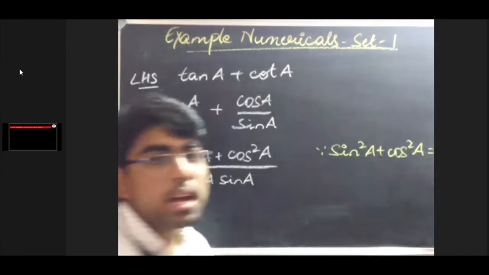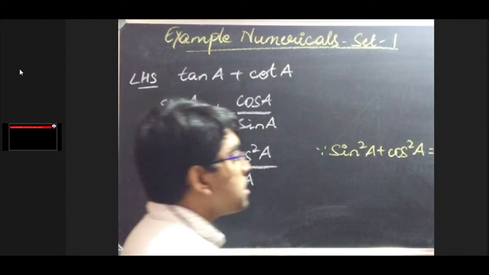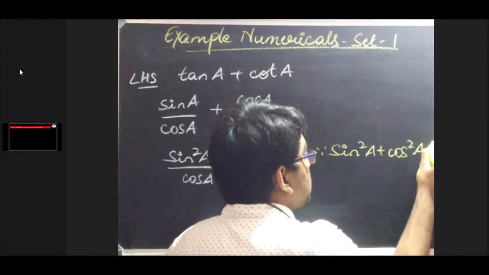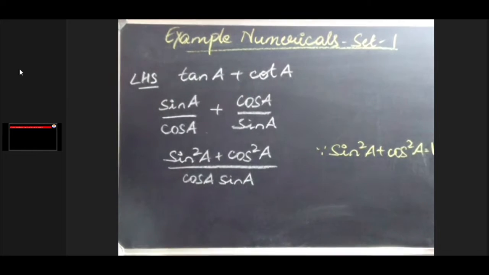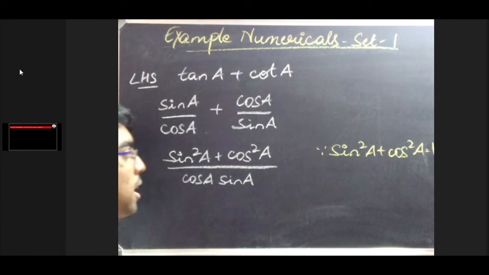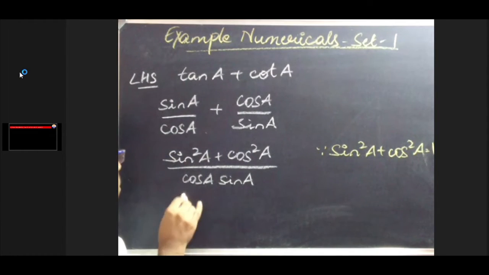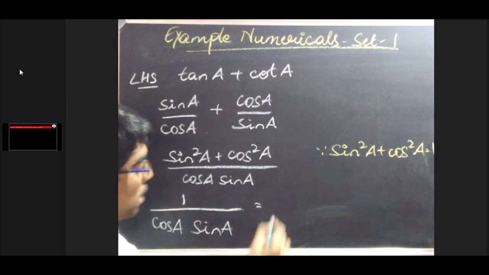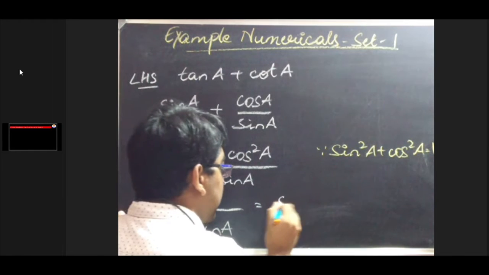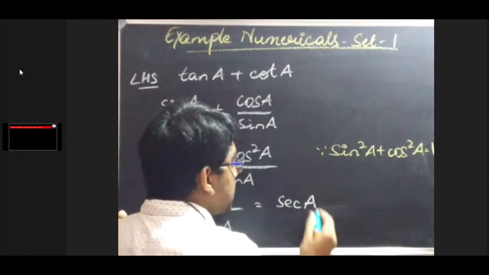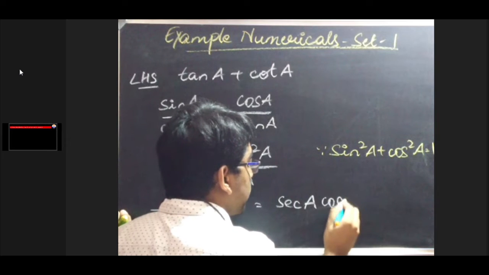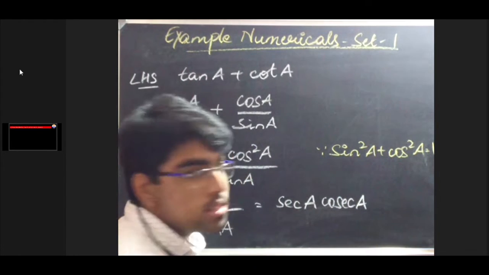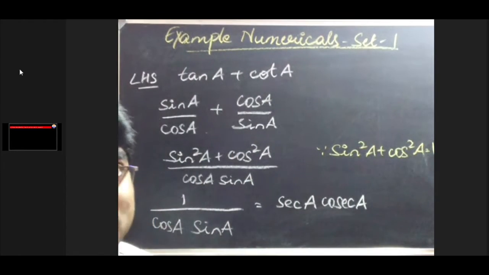This is our first identity, right? With this knowledge, let's substitute: 1 divided by cos A sin A. 1 by cos A is nothing but secant A. 1 by sin A is nothing but cosecant A. And hence, we have got the result that was expected.